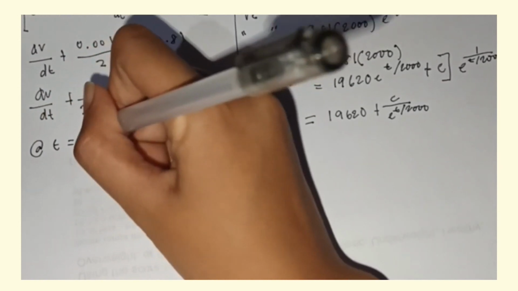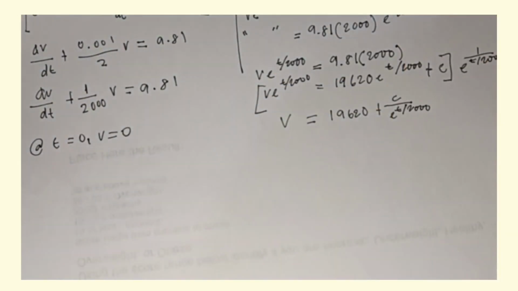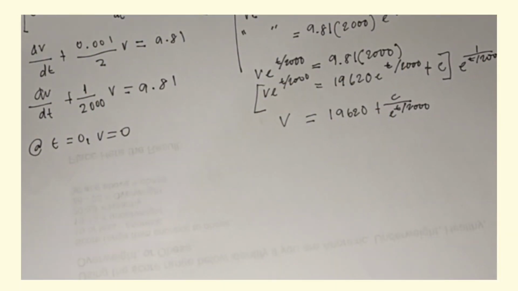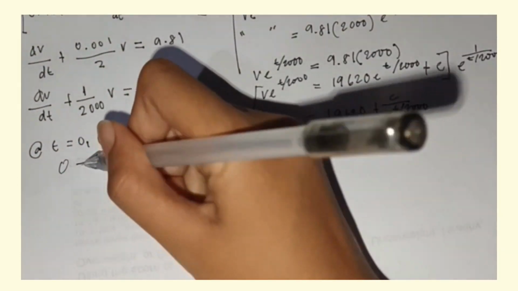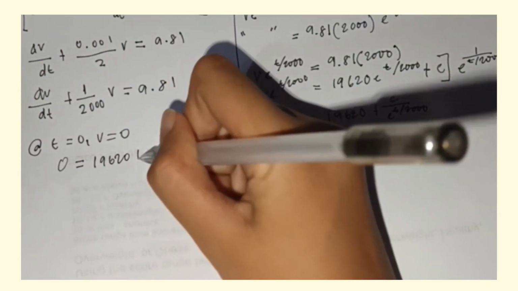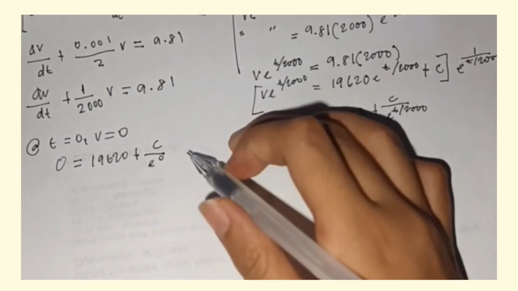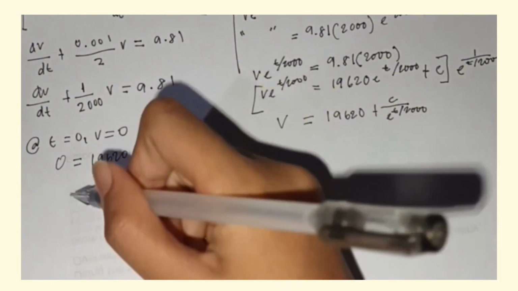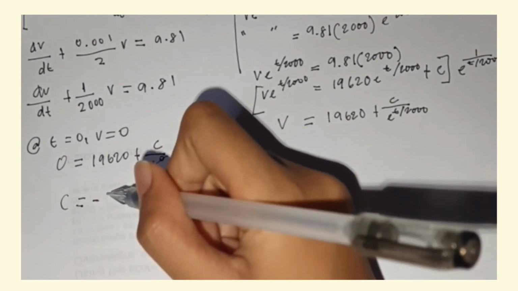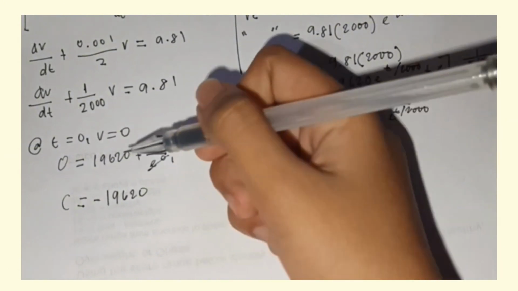There is no given condition in the problem, but let us assume that at time equals 0, velocity equals 0. So 0 equals 19620 plus c over e raised to 0, because our time is 0, which is simply 1. So our c is equal to negative 19620.